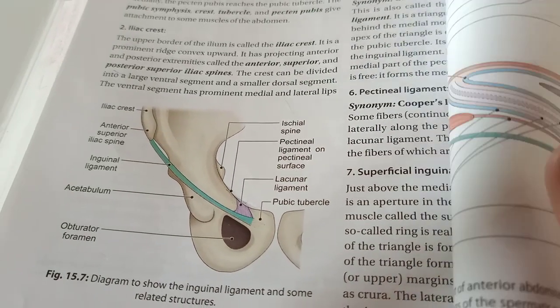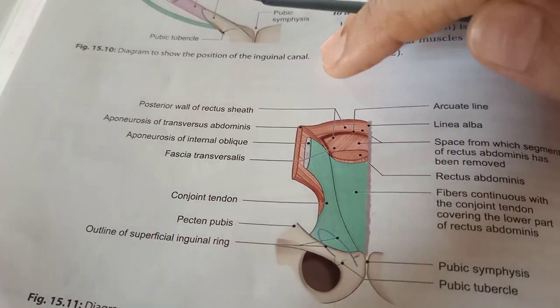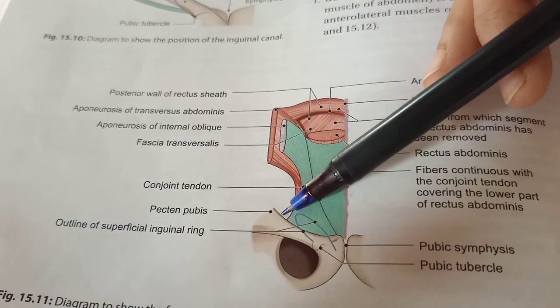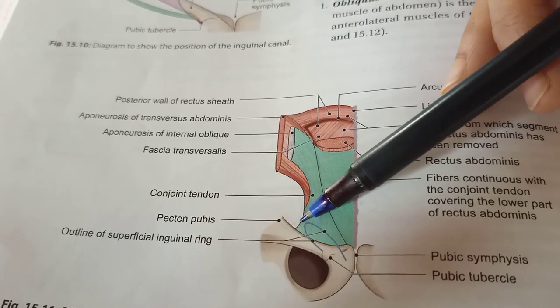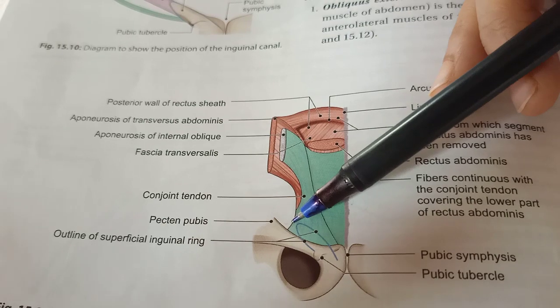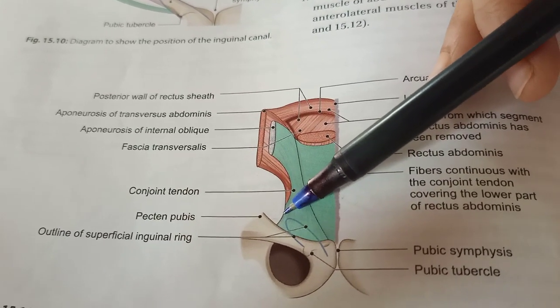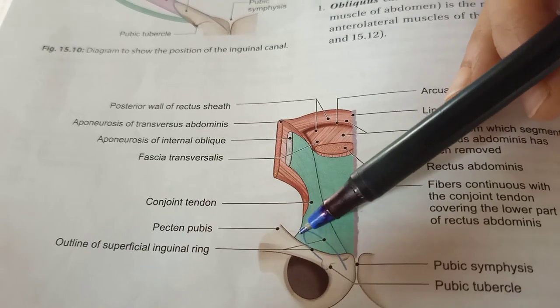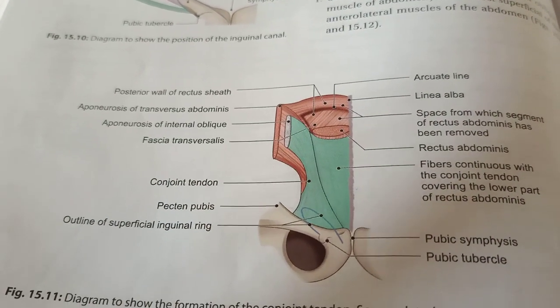So the conjoint tendon is formed by the lowest aponeurotic fibers of the internal oblique and transversus abdominis muscle.